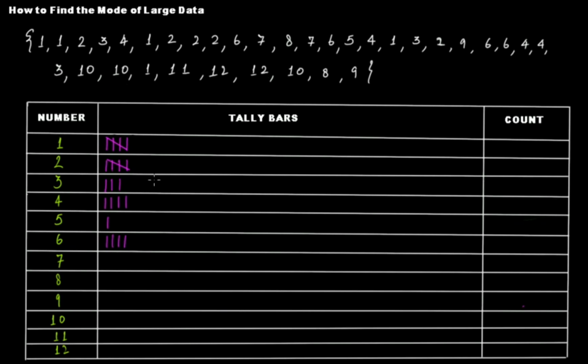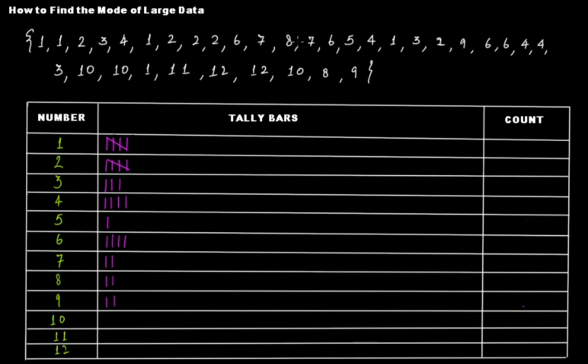That's it. What about 7? 7 we have here, 1, another 1, 2. So only 2 times 7. What about 8? We have 8 here. And we have 8 here, 2 times. What about 9? So we have 9 here. And we have 9 here, 2 times.